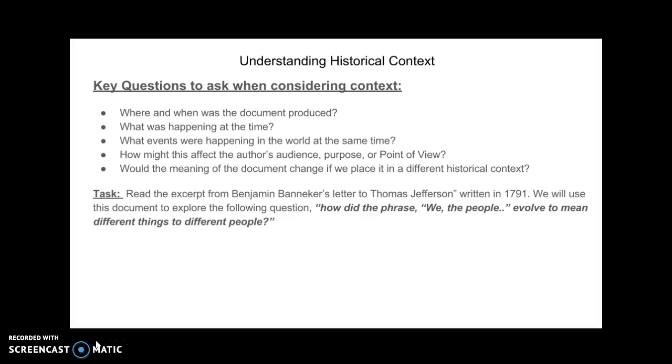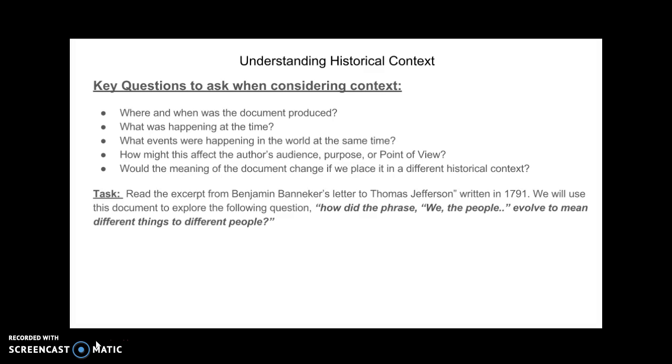Next, here are some key questions you should ask when considering context. Where and when was this document produced? What was happening at the time the document was produced? What events were happening in the world at the same time?